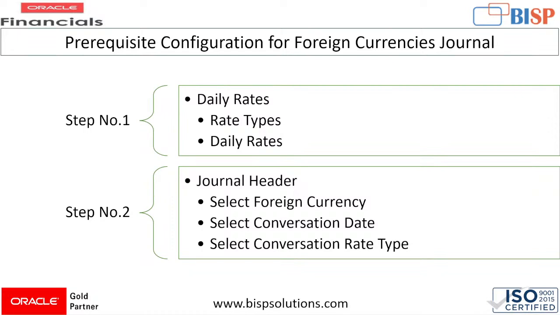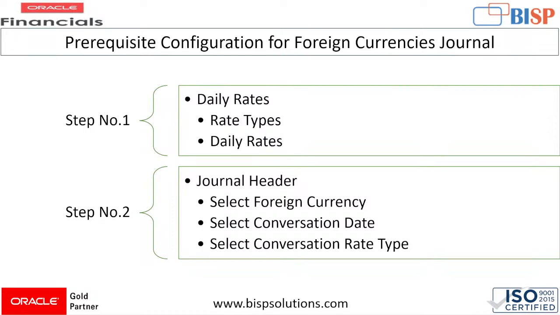We will go to the application and see how the rate types and daily rates are uploaded, and we will use this particular rate and rate type. We will use the rate between USD and INR.